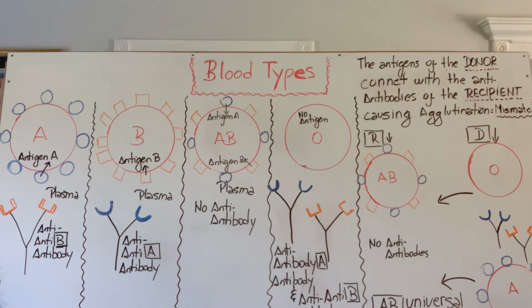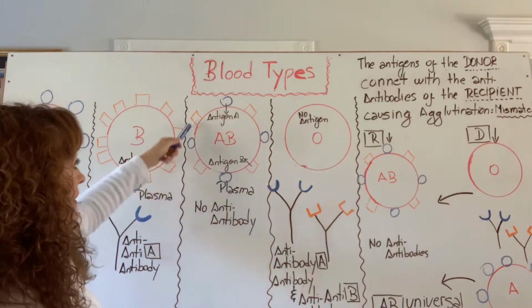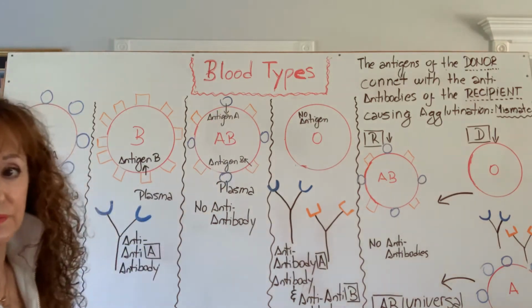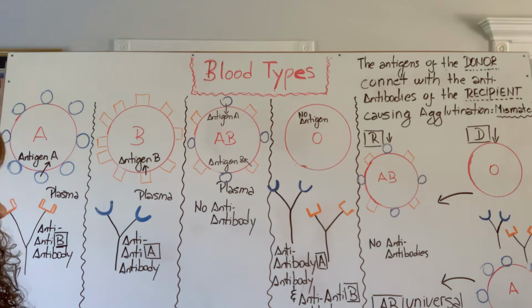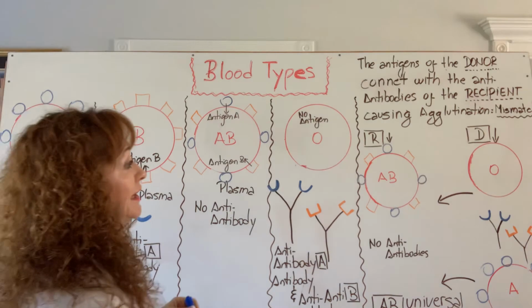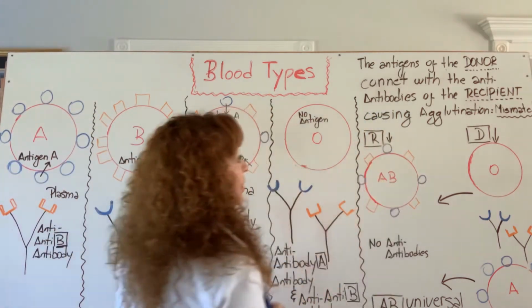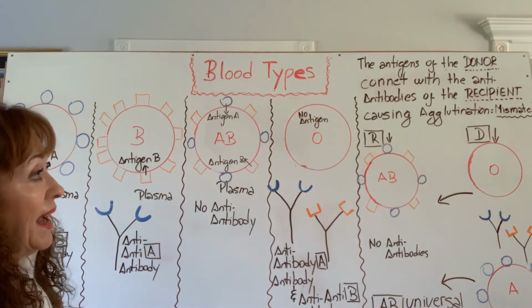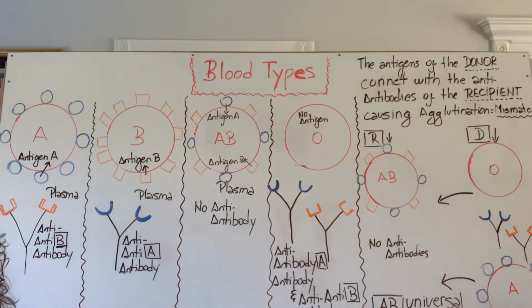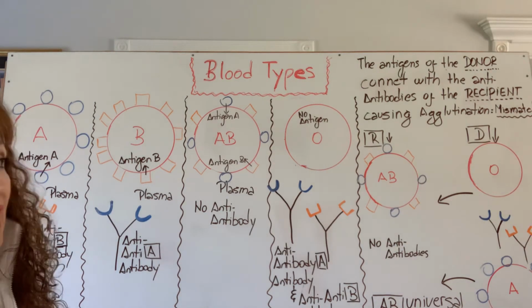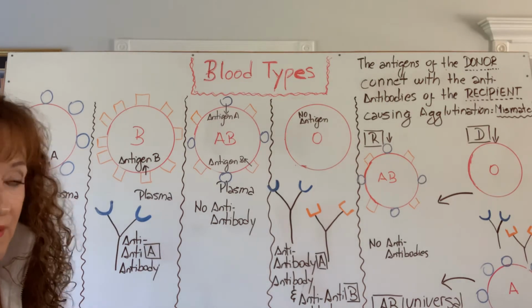Because what happens in a transfusion is that the antigens of the donor connect or interact or conjugate or match with the antibodies of the recipient. And in this case, eventually it can cause agglutination or mismatch.